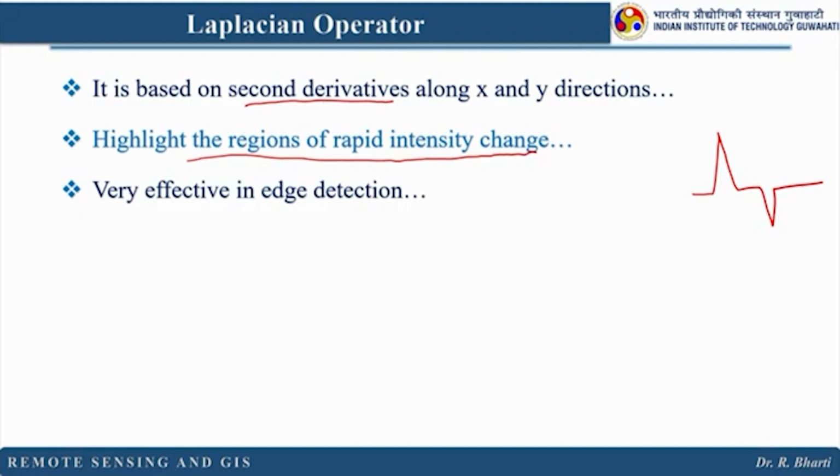It is better than the previous one, but again I will say that the results of all these operators you should be able to analyze and you should be able to justify. Because sometimes what happens, for my application Laplacian works well, for your application maybe Sobel will give you a better result.